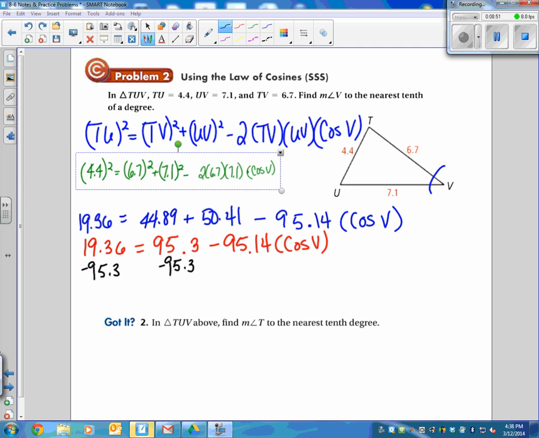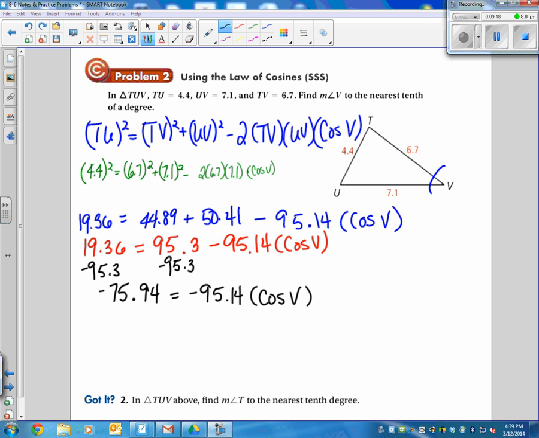And let's see, 19.36 minus 95.3, and that gives me negative 75.94, and that's going to equal negative 95.14 times the cosine of V. Okay, the next step, of course, is going to be divide both sides by negative 95.14.